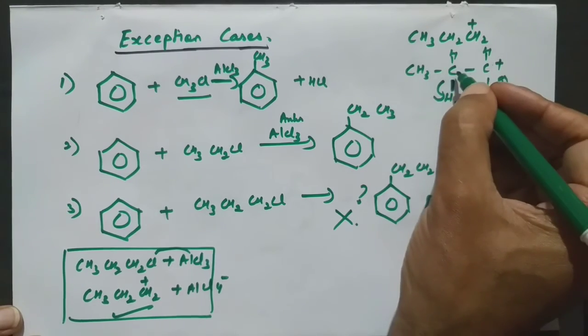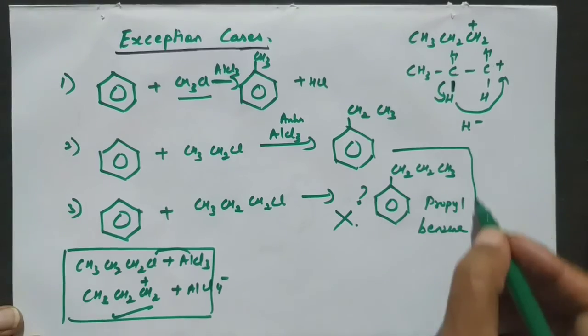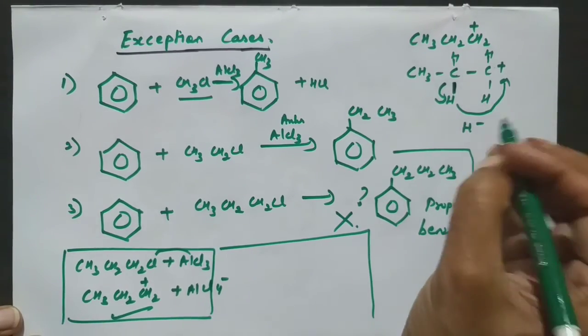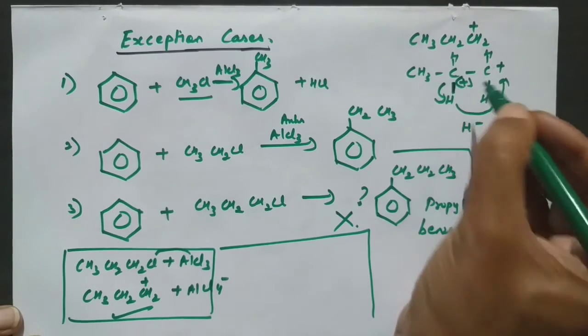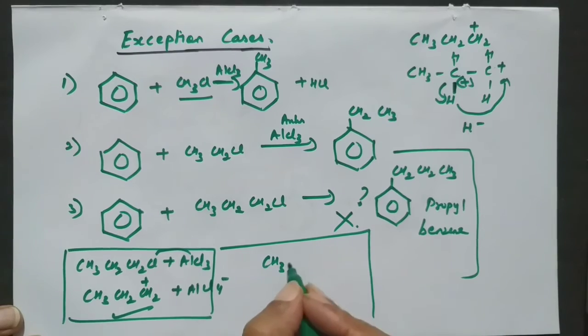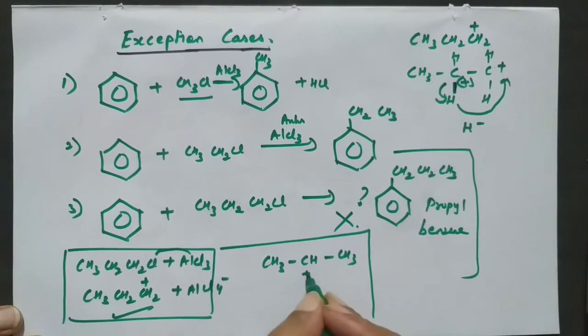This carbon will be losing the electron, so it becomes positive and this hydrogen will move away. So you end up with CH3, CH plus, CH3.